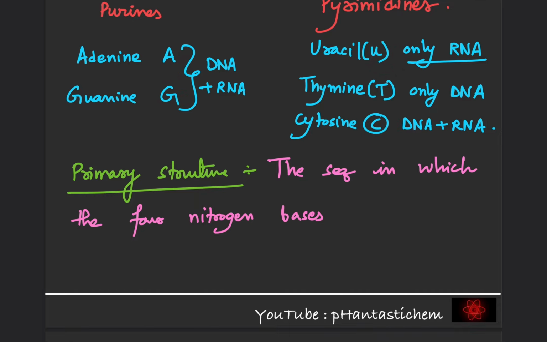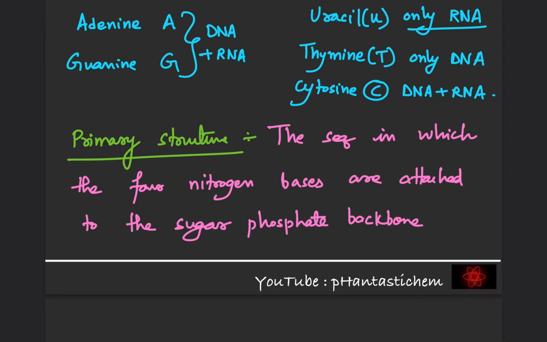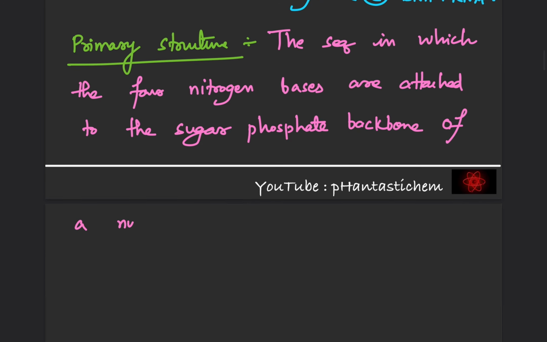So the sequence in which the four nitrogenous bases are attached to the sugar phosphate backbone of a nucleotide chain. So this sequence is known as the primary structure.